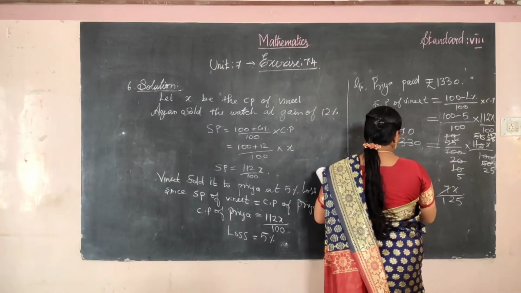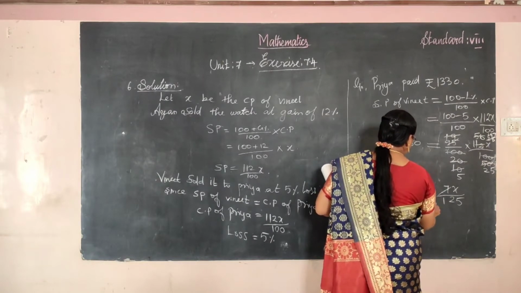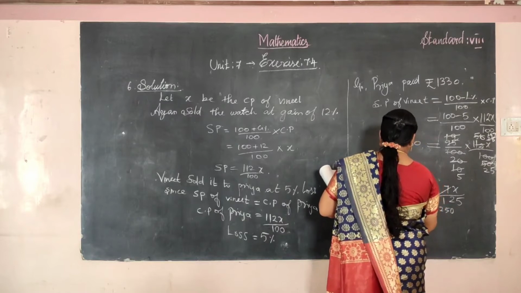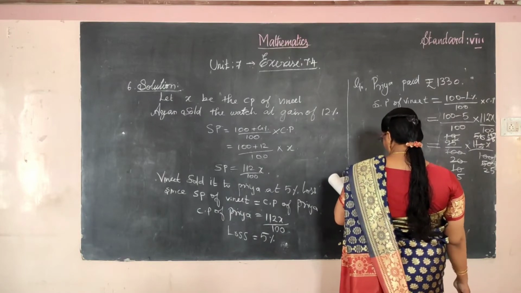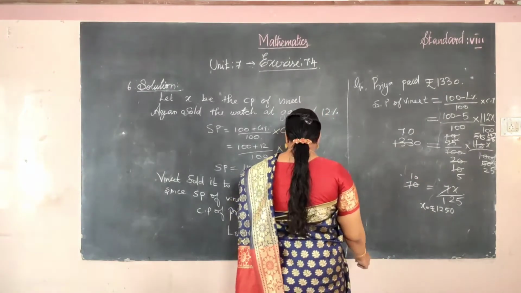This term cancels here. So cross multiply, X is equal to 1250. So the amount is rupees 1250.